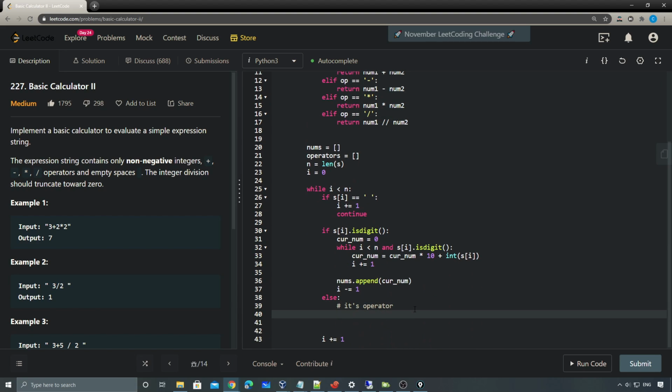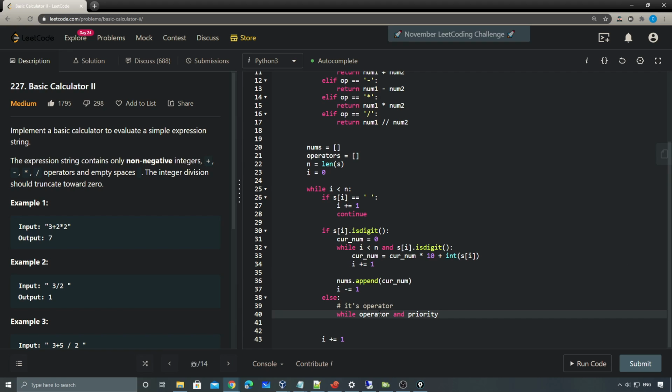So now we're at the operator. The first thing to check is that while the operator stack is not empty, and the priority.